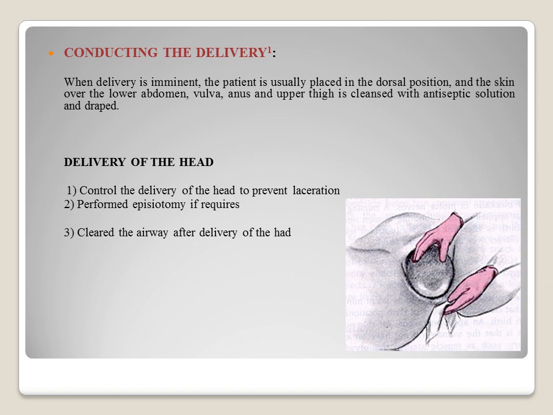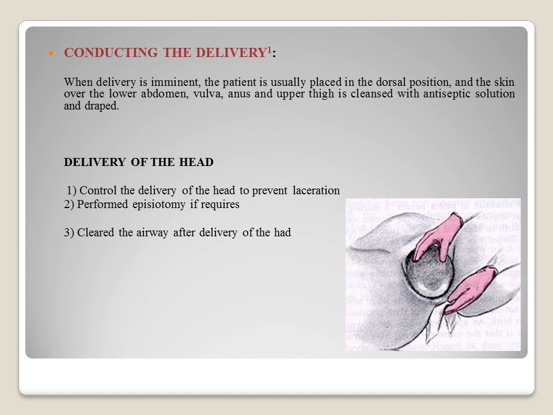When delivery is imminent, the patient is usually placed in dorsal position لما تبدي bearing down, and the skin طبعا of the lower abdomen, vulva and upper thigh is cleaned with an antiseptic solution and draped. The delivery of the head of the baby, we control the delivery of the head to prevent laceration.